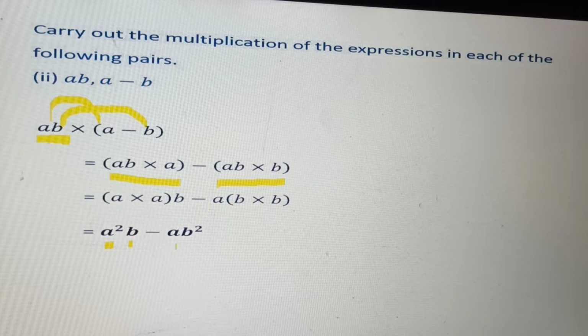A into B is AB. B into B is B square. A into B square is AB square. This is the way we have to multiply. So AB into A minus B equals A square B minus AB square.